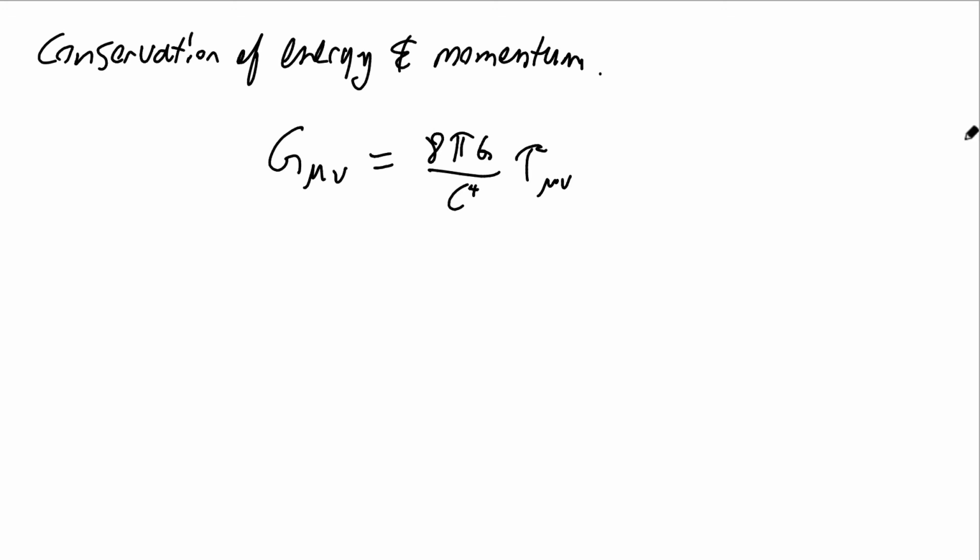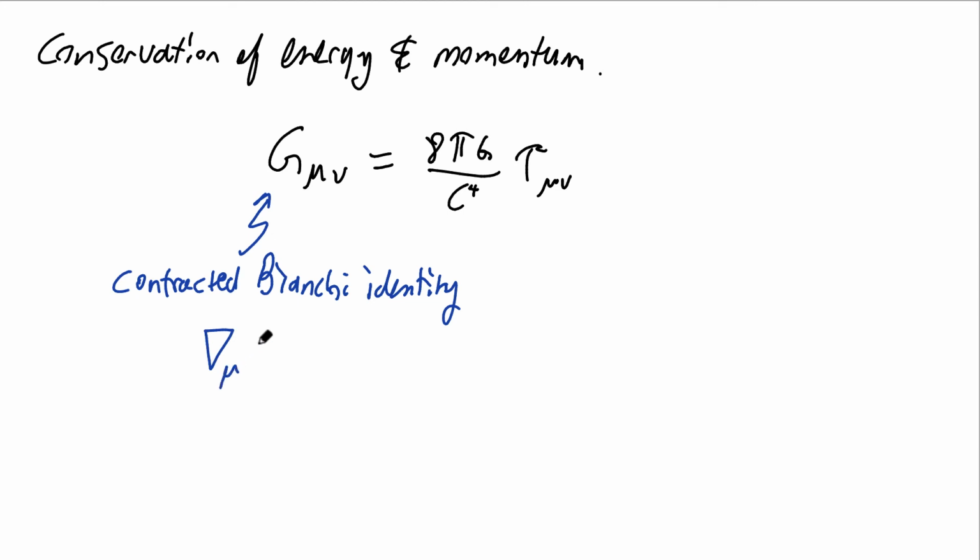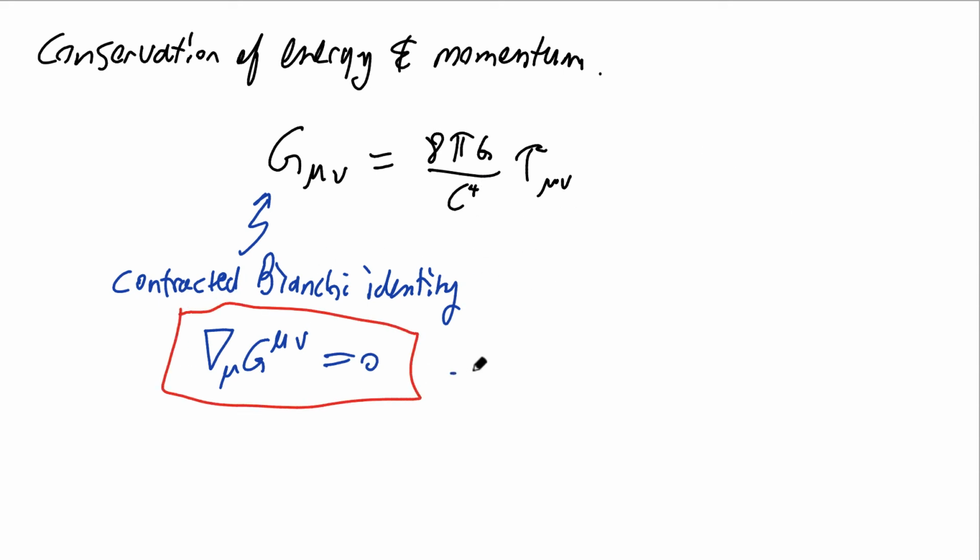And if you'll recall, the Einstein tensor satisfies the contracted Bianchi identity, which says that the covariant derivative sub mu of G^{mu nu} equals 0. So that tells us that the covariant derivative of the stress energy momentum tensor must also vanish.